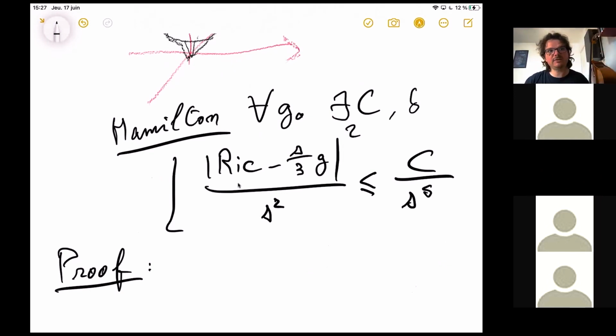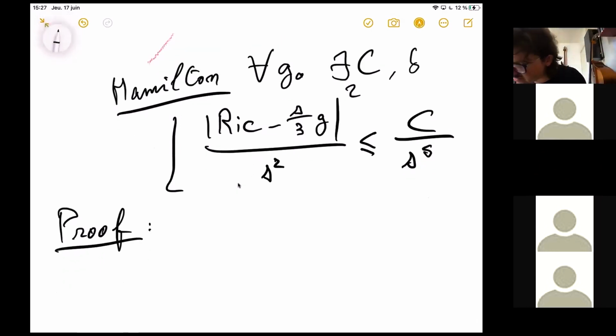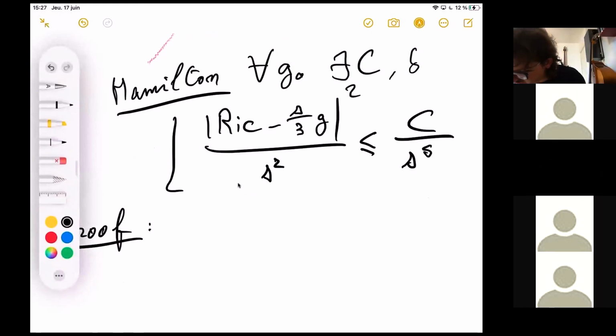Instead of knowing the precise behavior of the solution as t approaches the singular time, we will look at the tangent solution, the singularity profile. So maybe let me make a picture. We have our manifold, which is doing something.